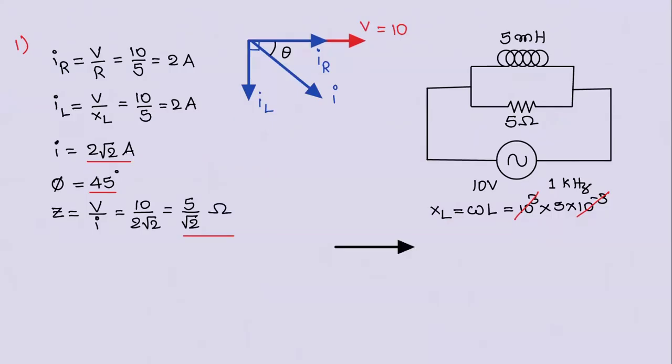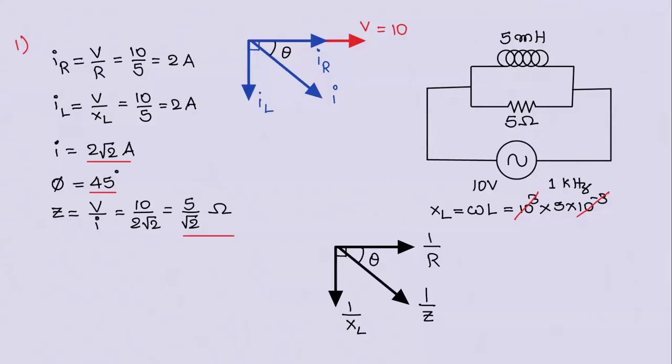So let us take the first thing. This is 1 by R. This is 1 by XL, and they're at a 90-degree angle. And the resultant will be 1 by Z. Instead of adding resistance, we add 1 by resistance in parallel, right? Same thing here: 1 by R, 1 by XL, 1 by Z. Of course, angle theta.